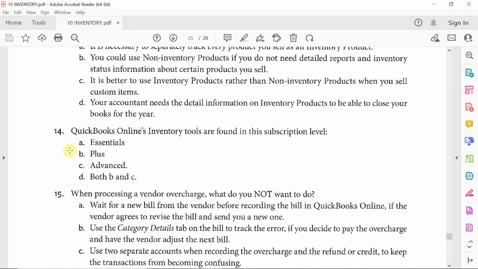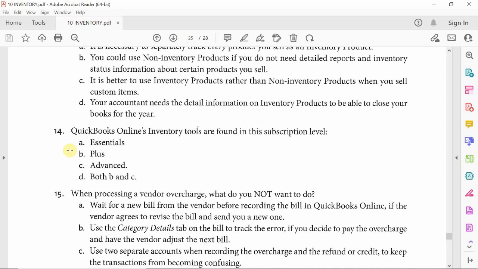Number 14: QuickBooks Online inventory tools are found in the subscription level. Which one? D, both B and C: Plus and Advanced. If you remember the different subscriptions, you have Simple Start, Essentials, then Plus, and then Advanced.